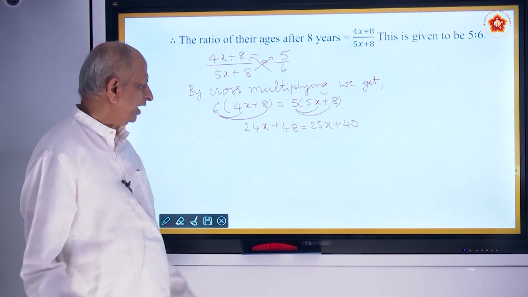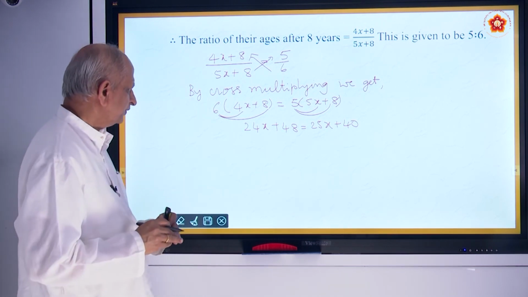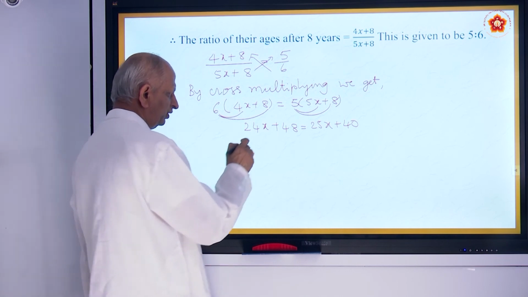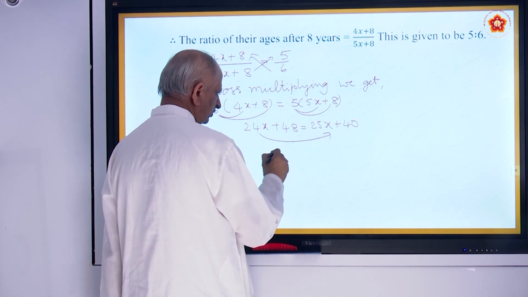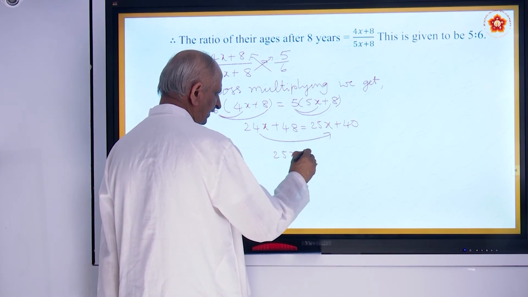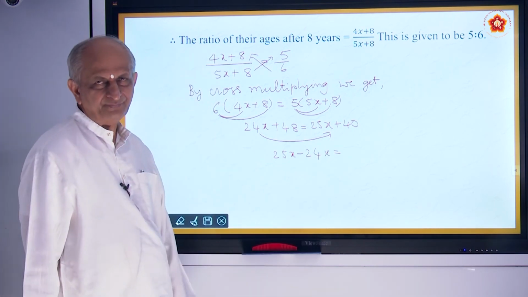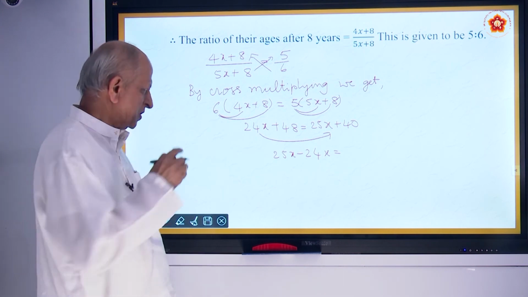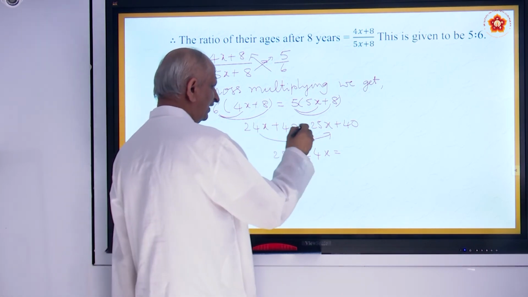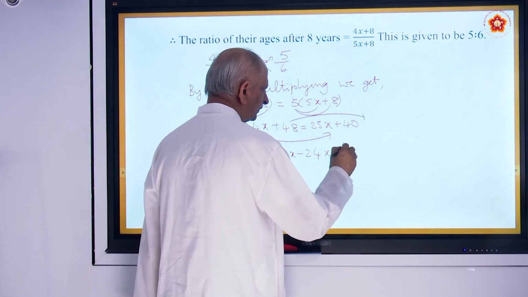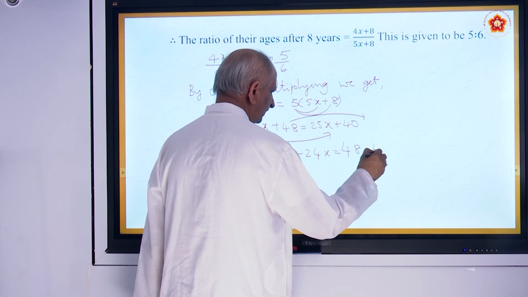Followed? Now bring all x to one side and all numbers to the other side. So you have 25x minus 24x. What is the method called? Transposition. Now if you bring this side, 48 minus 40.